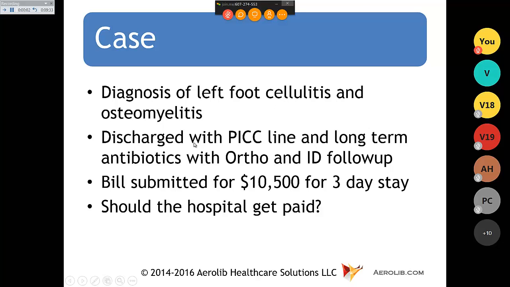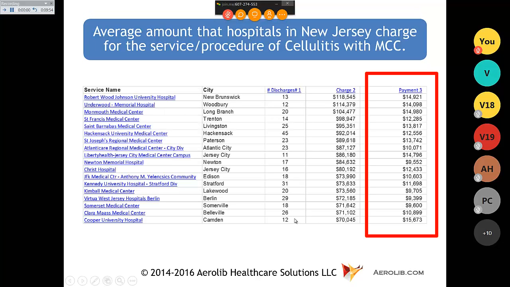Diagnosis is left foot cellulitis and osteomyelitis, and the patient is discharged with a PICC line, long-term antibiotics, and ortho and ID follow-up. They submit a bill for $10,500 for this 3-day stay. Our question is, should the hospital get paid? As we go through, you'll find the answer to this question.